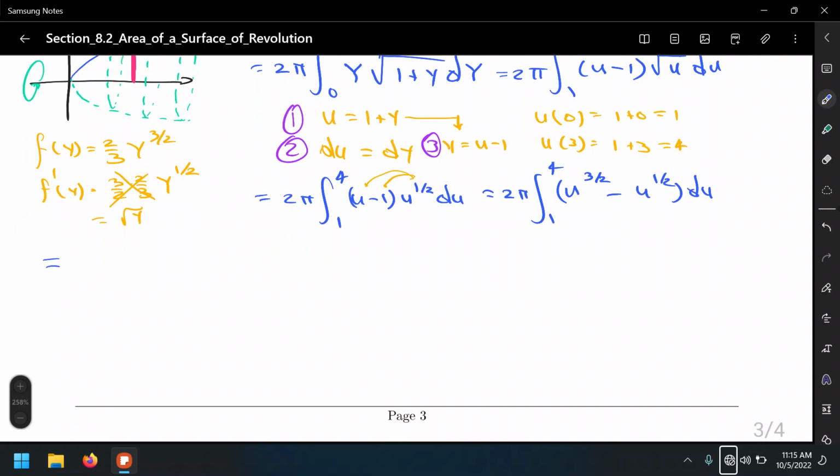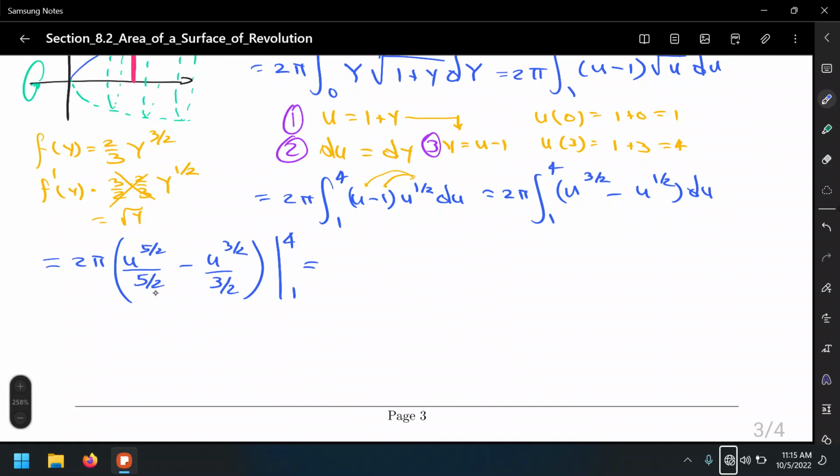This will be, well, let's just use the general power rule to integrate these two. Add 1 to the exponent of each and divide by that new exponent. So that's 2 pi, u to the 5/2 over 5/2 minus u to the 3/2 over 3/2, evaluated from 1 to 4. So let's see, what's this?